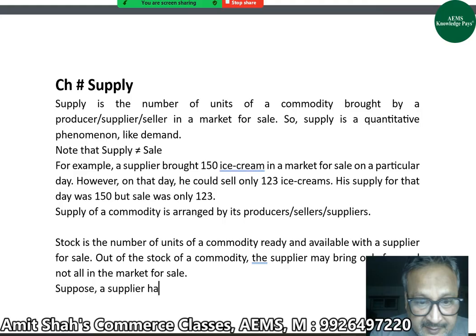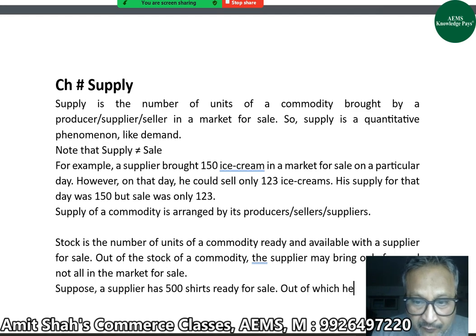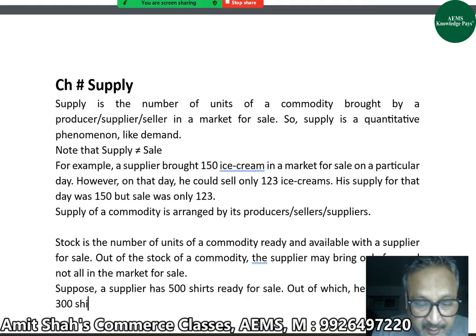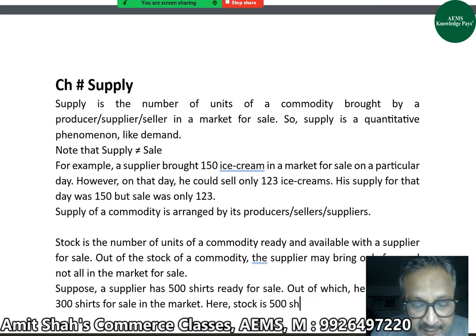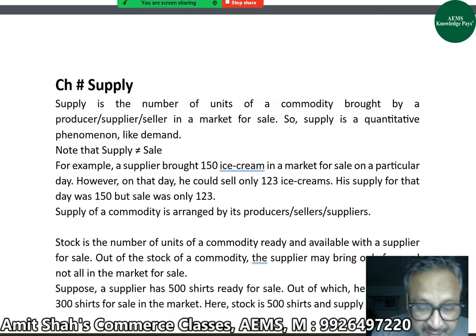Suppose a supplier has 500 shirts ready for sale, out of which he brings only 300 shirts for sale in the market. Here, the stock is 500 shirts and supply is 300 shirts.